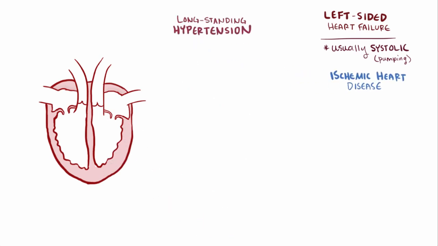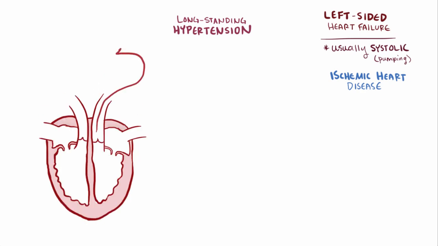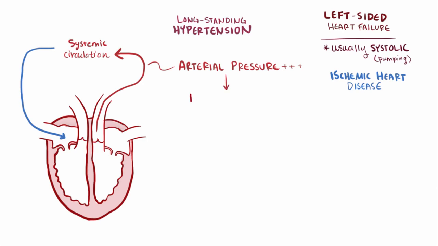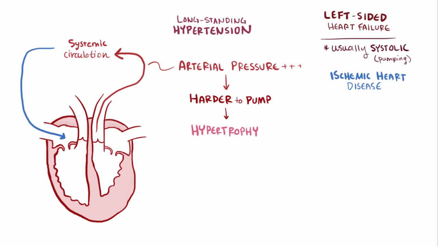Long-standing hypertension is another common cause of heart failure. This is because as arterial pressure increases in the systemic circulation, it gets harder for the left ventricle to pump blood out into that hypertensive systemic circulation. To compensate, the left ventricle actually bulks up, and its muscles hypertrophy, or grow, so that the ventricle can contract with more force.